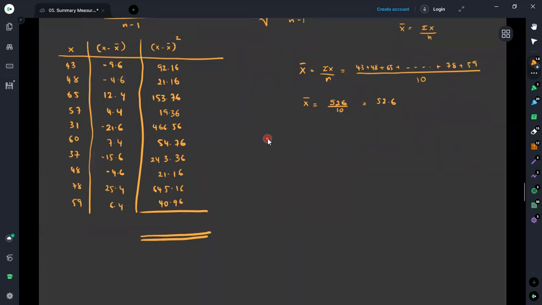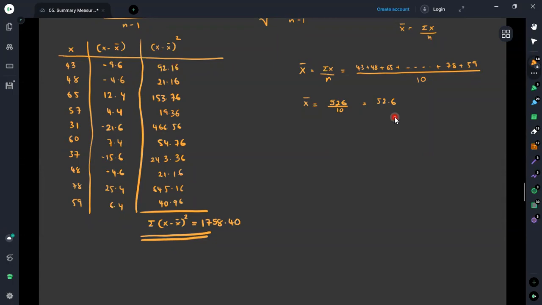If you are taking the summation, then we will get the summation of the square terms, and it will be equal to 758.40. It is the summation that we are getting.